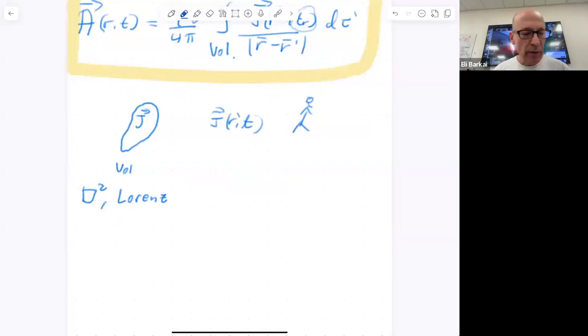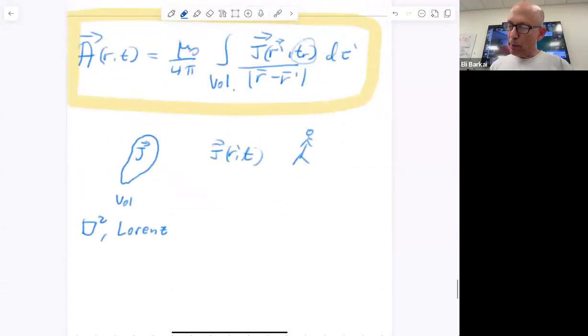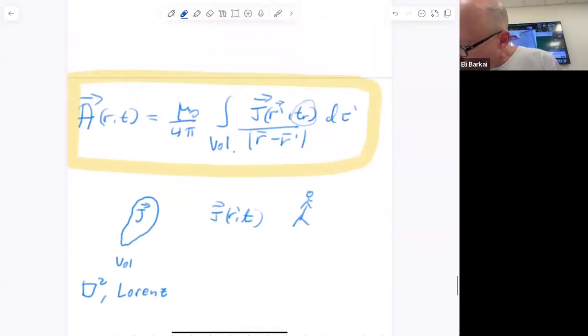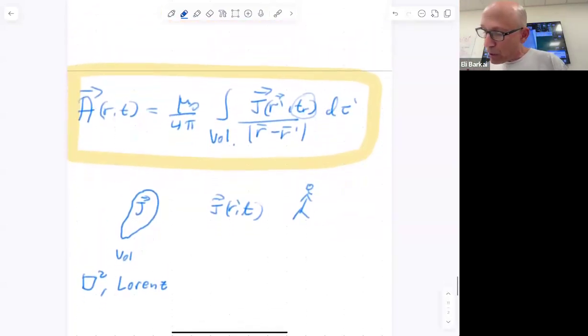So yeah, if you have a name and it's like a famous one, maybe you should change it. Otherwise, no one will remember you. Okay, don't worry. Also, no one will remember me soon. Anyways, so this is this equation.